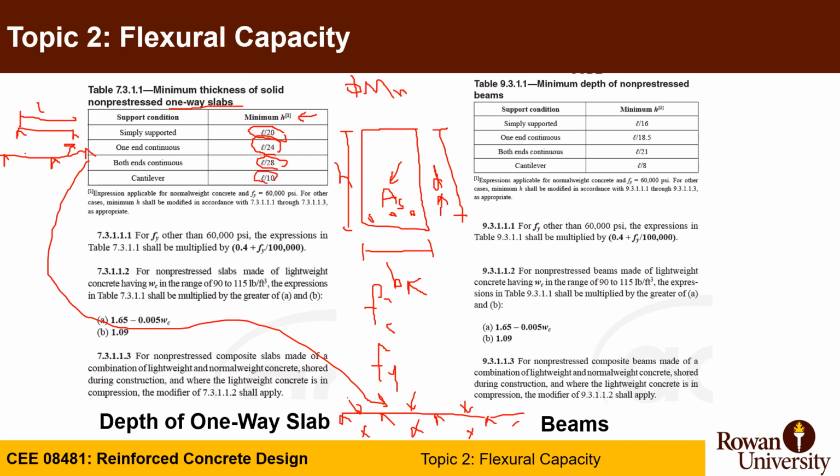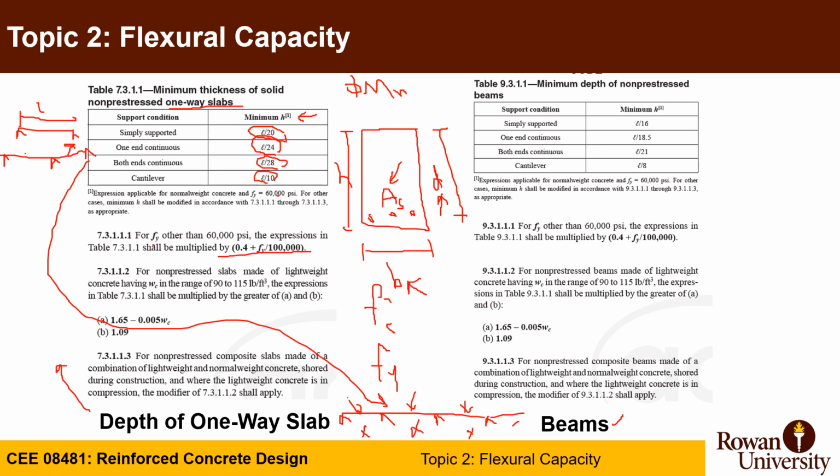There is a note here that this table was developed for reinforcement of grade 60, or a yield of 60,000 psi, and in order to account for other types of steel, if you have a yield of more than 60,000 psi, you have to apply this factor, which is 0.4 plus fy divided by 100,000. Similarly, as we discussed up to now, this is for one-way slabs.